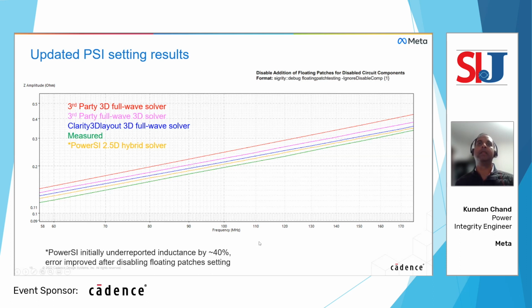We worked with the application engineer for Cadence, and they were able to give us a setting to improve the correlation for this particular scenario, and we were able to get decent correlation using PowerSI after that.